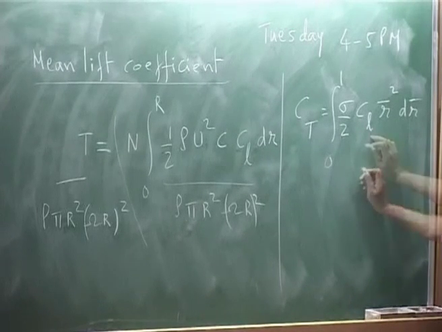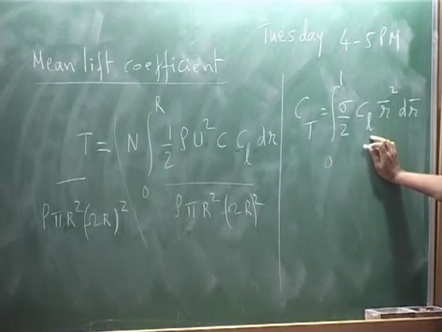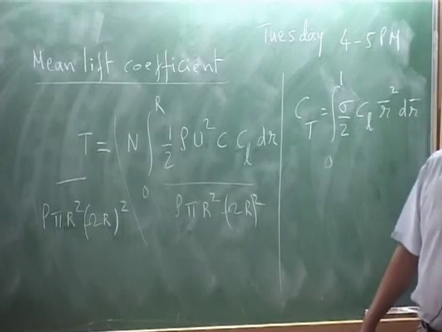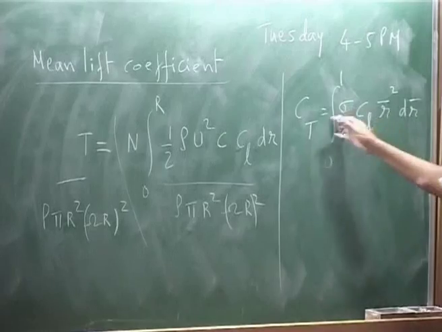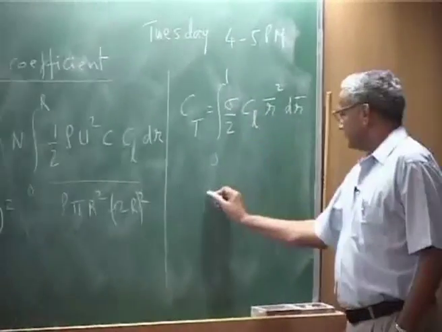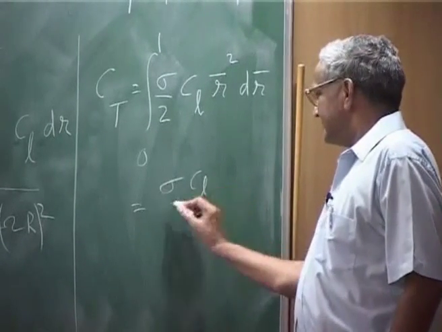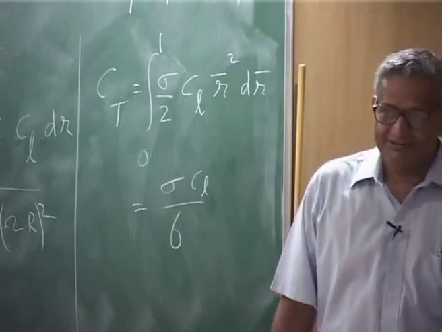Assuming CL is some mean value, a constant everywhere, and sigma anyway you are defining with respect to full dimension, and then you take out everything, this will become sigma CL over 6.